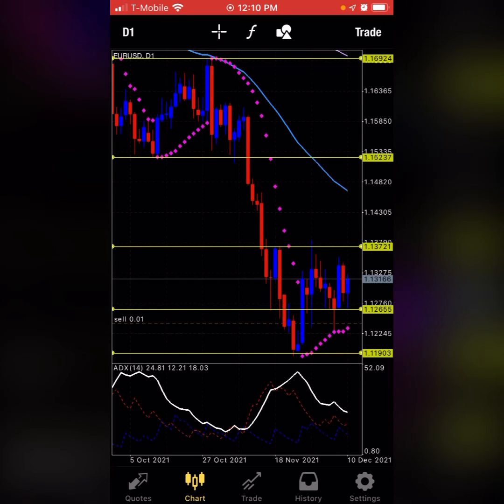And of course, you see what was once resistance. Well, you can see where my price here was 1.12655. It dropped all of it. It broke through that.